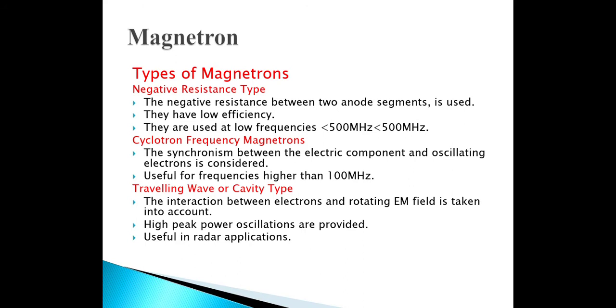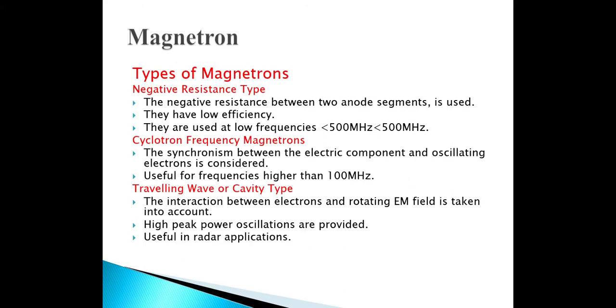The second type is the cyclotron frequency magnetron. The synchronism between the electric component and oscillating electrons is considered. It is useful for frequencies higher than 100 megahertz.